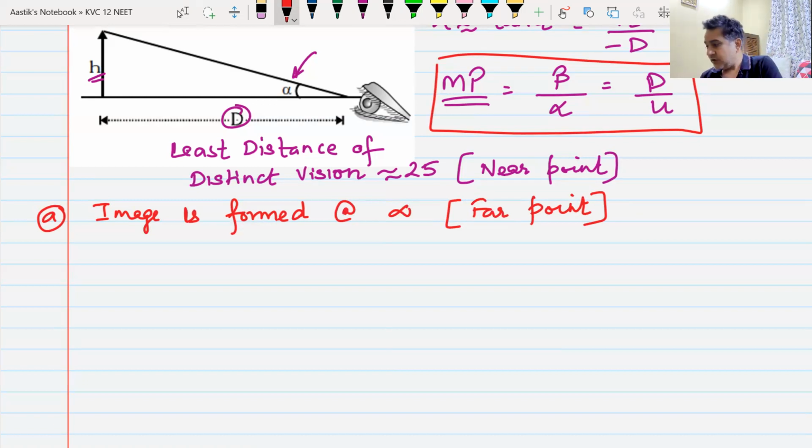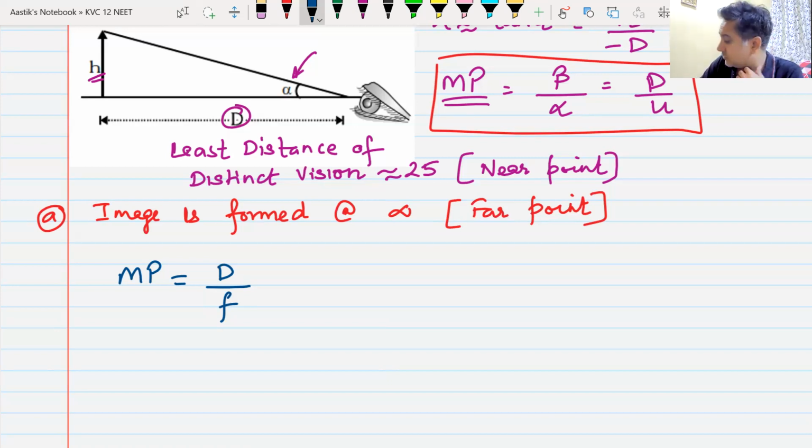Now, when this image is formed at the far point, the u, the distance of the object, must be the same as the focal length of the lens, then only the image will be formed at infinity. Therefore, in that case, the formula of magnifying power becomes d divided by f, because u becomes equal to f. Do we understand this?